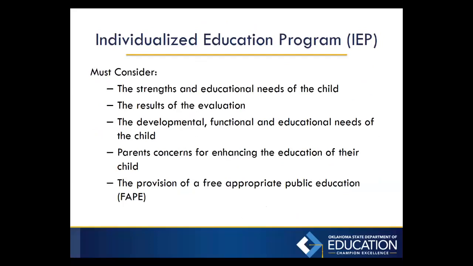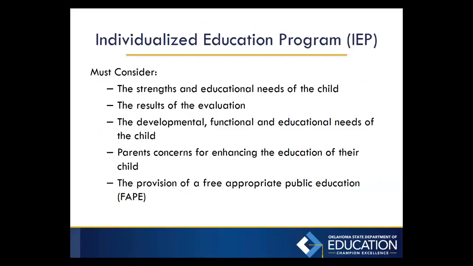The IEP team must consider all the strengths and the educational needs of a child and the results of the evaluation. You've got data that you've collected on this child. Use it. Don't just make up any kind of goal that you think might be appropriate for a 3-year-old. Look at your data. Base it on your data.